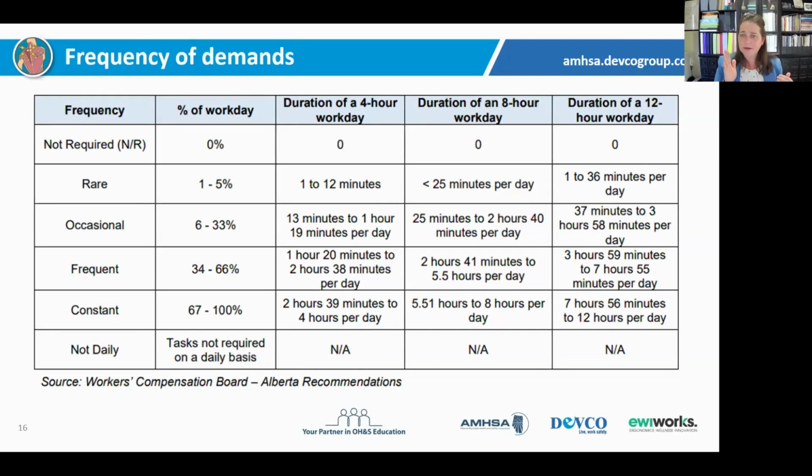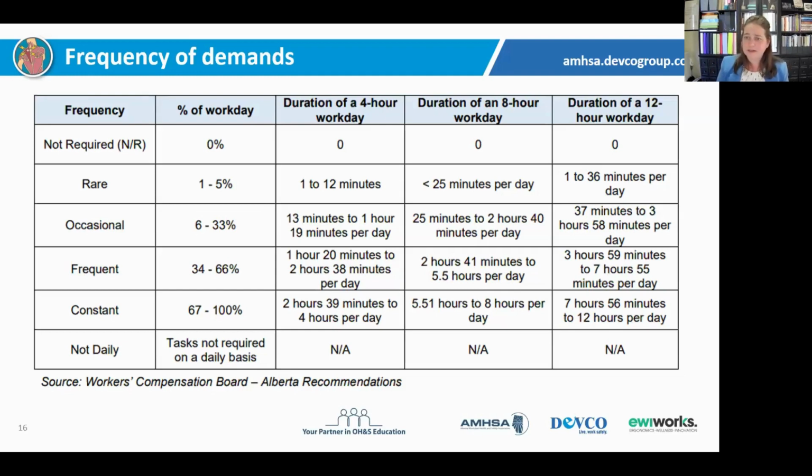There are tables that you can find that can assign a minutes rating to this, depending on if it's a 4-day workday, 8-hour, which is typical, or 12 hours. So I put that here for context. Workers' Compensation Board, Alberta uses these recommendations, which are the same ones that the Dictionary of Occupational Titles uses, which is kind of the standard.